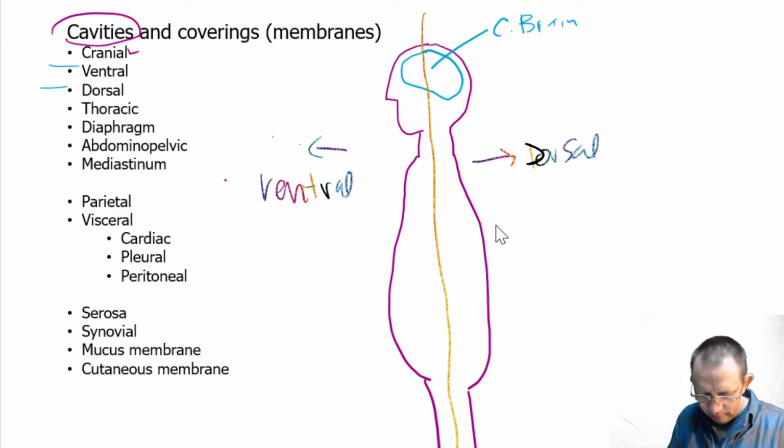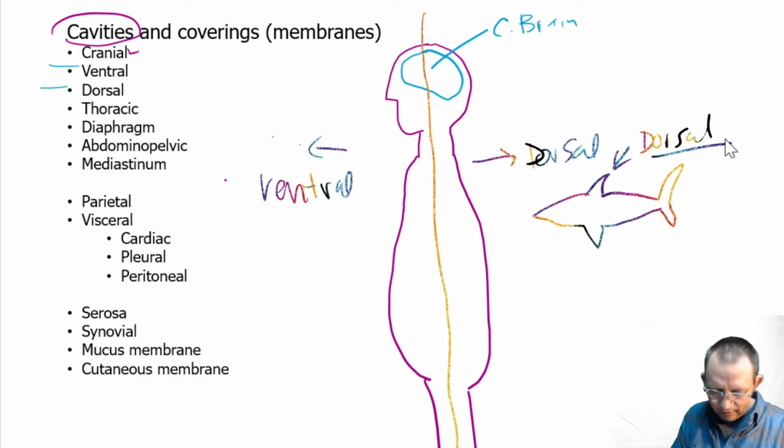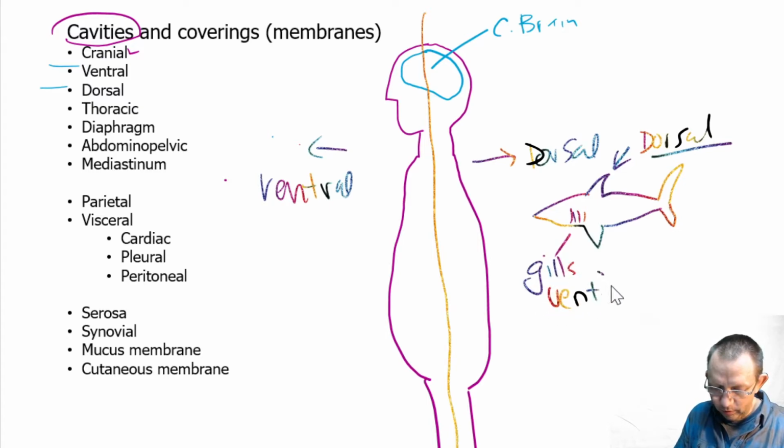If you think of dorsal, think of a shark. Here's a shark. This is the dorsal fin. That's dorsal, so it's always on the back. The ventral, if you're looking at the same shark, we have over here these vents. Those are the gills, or vents, we'll call them. They look kind of like vents.